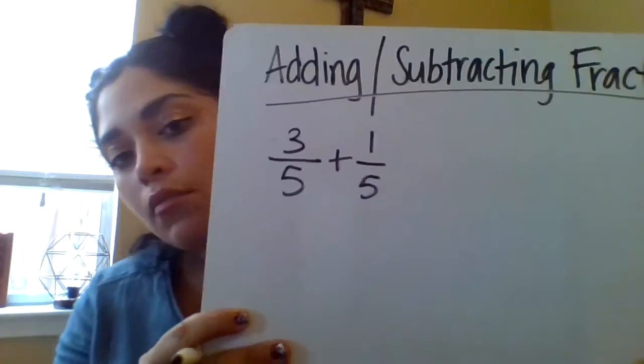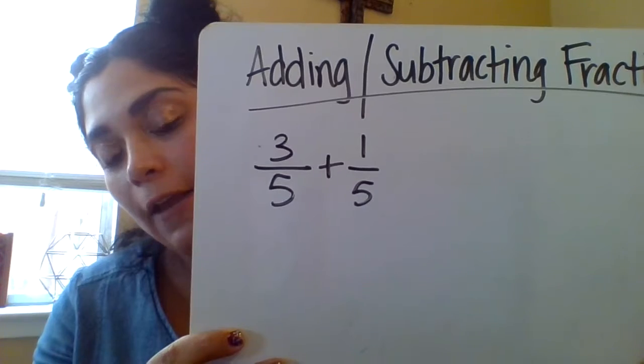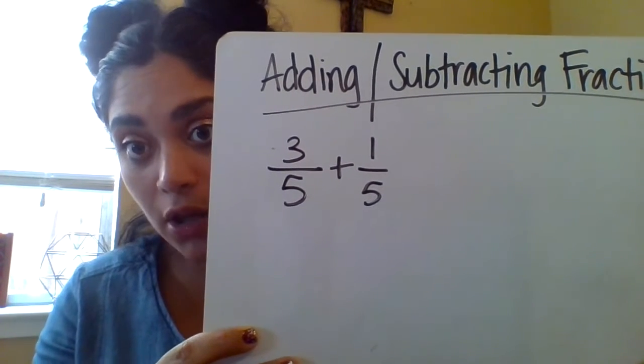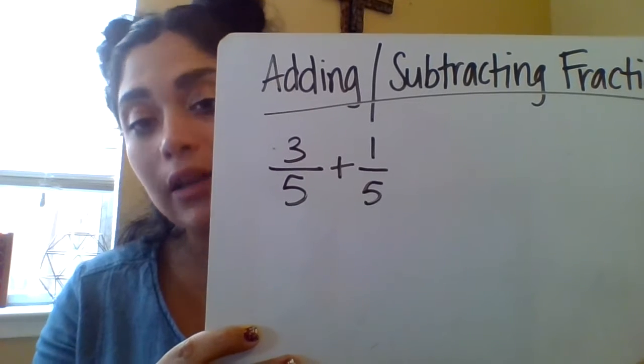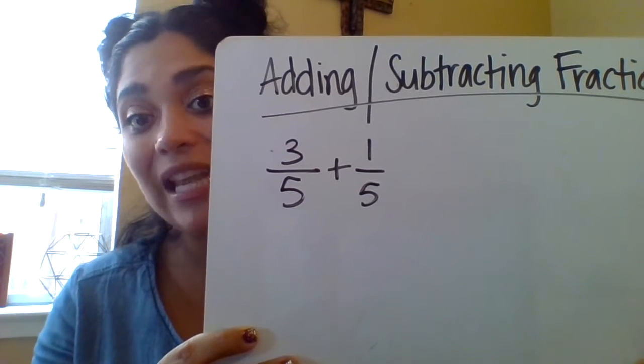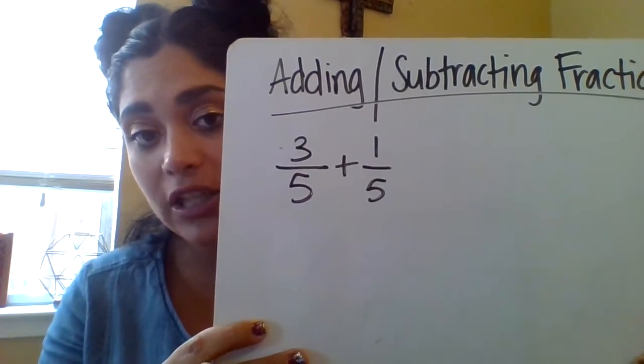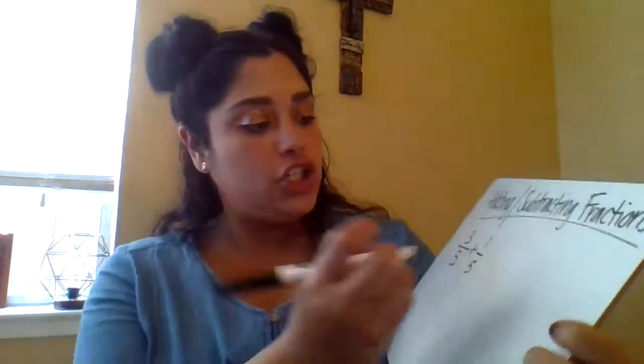So if we're adding, if I have 3/5 plus 1/5, if we look at that, we see both the denominators are 5. So they have like numbers in the denominator, so this is a like fraction. So if you're adding and subtracting like fractions, the denominators do not change.